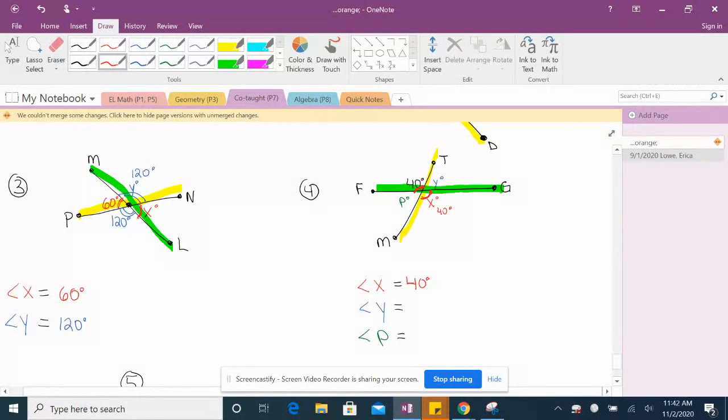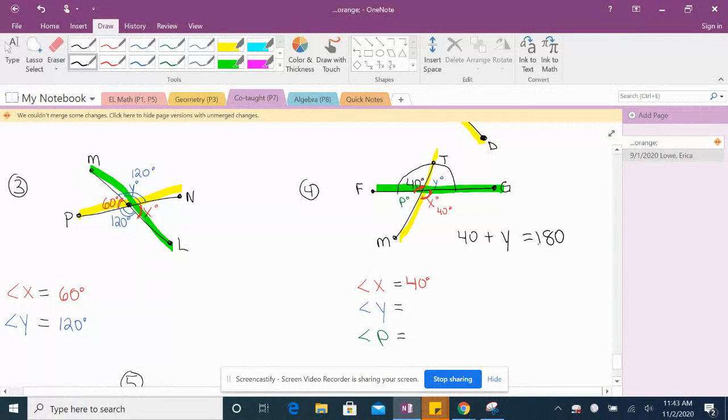But now we want to find angle Y and P. Pero ahora necesitamos que encontrar ángulos Y y P. We know that two angles that form a straight angle add to 180 degrees. Sabemos dos ángulos se forman una ángulo recta, se suman a 180 grados. So 40 degrees plus Y equals 180.